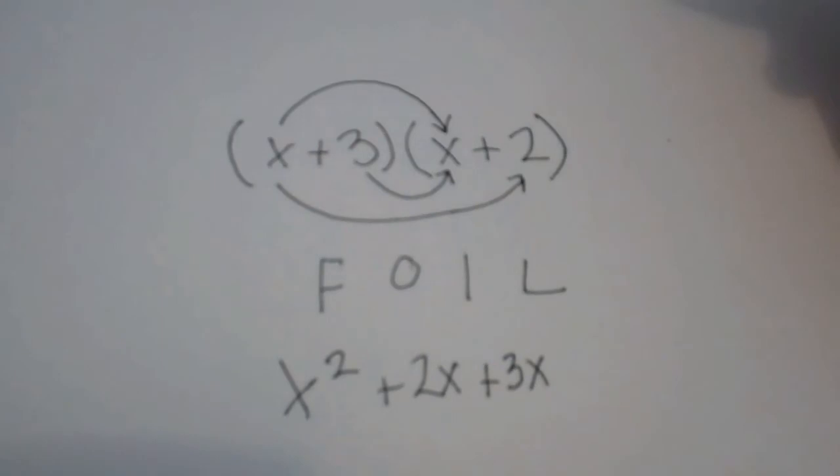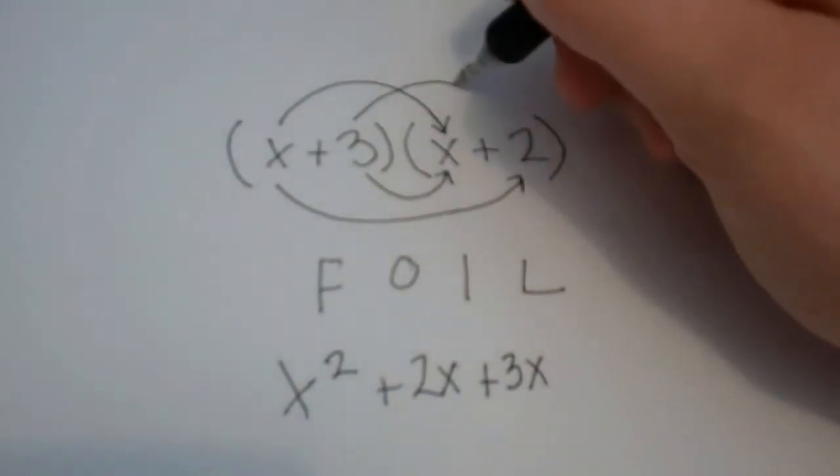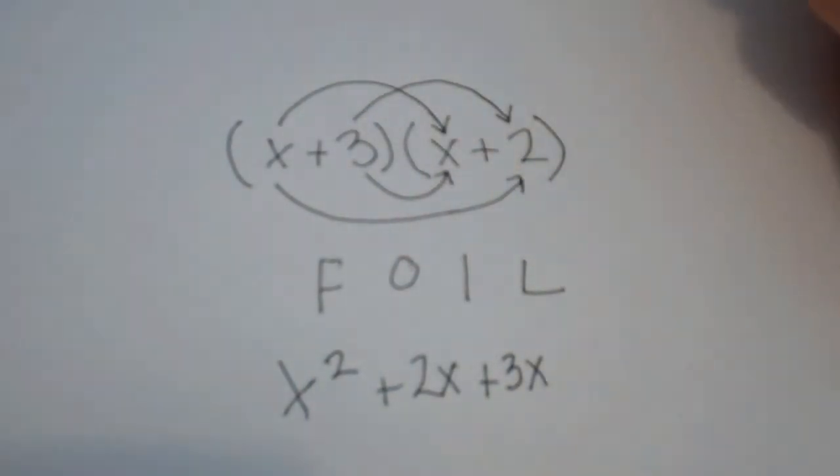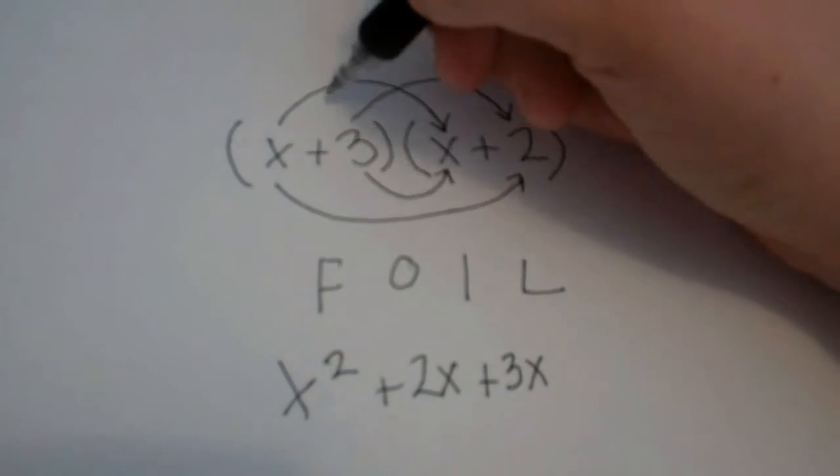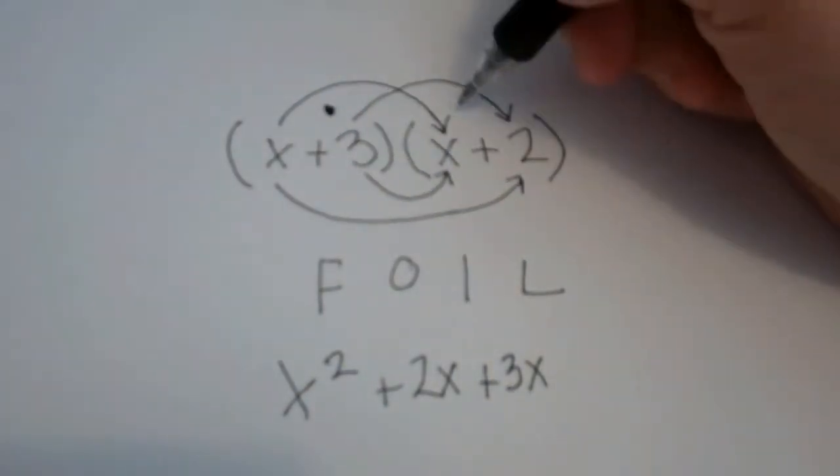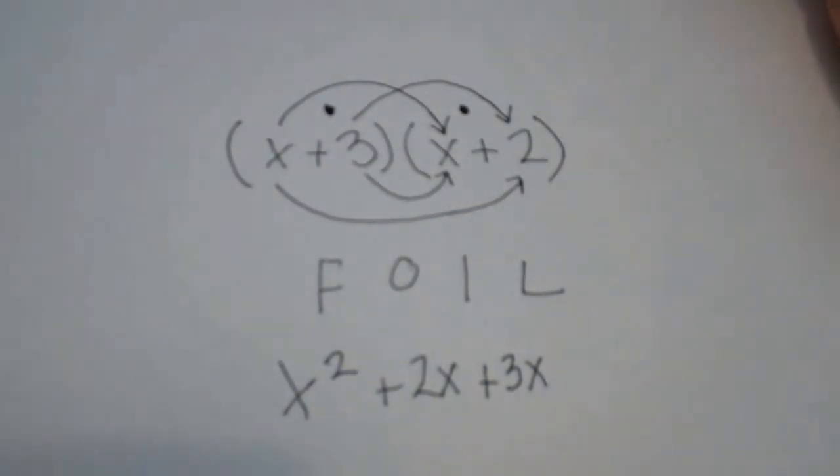Next, I have one more combination I have to combine. I have last. I have positive 3 and positive 2. Now, if you look carefully, you see we actually have created a little bit of a face.